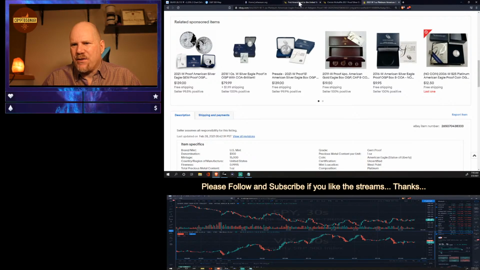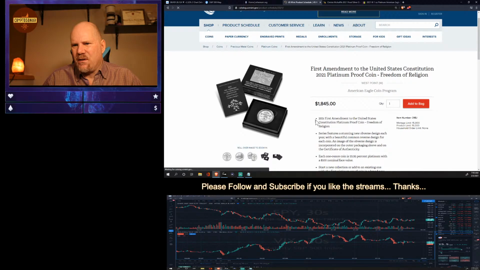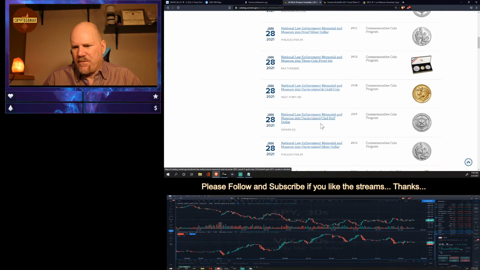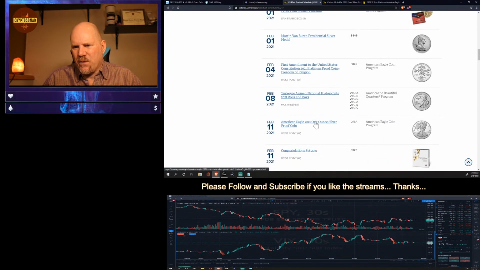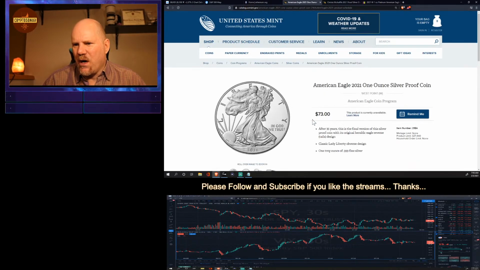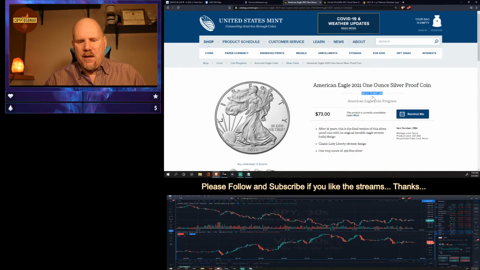If you get a chance to purchase these, I'll tell you what the one to purchase is, if you have an opportunity to. It's this one right here: the American Eagle 2021 1 ounce silver proof coin. It comes out of the West Point Mint. The West Point Mint is the predominant mint of value for collectors.